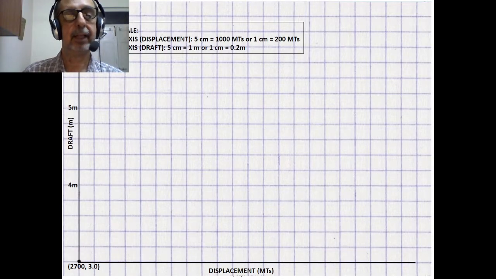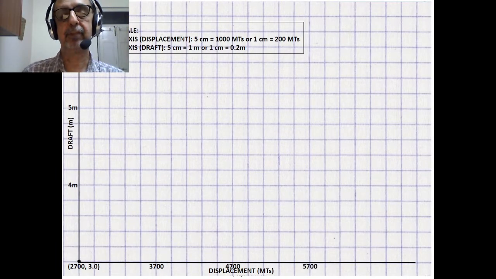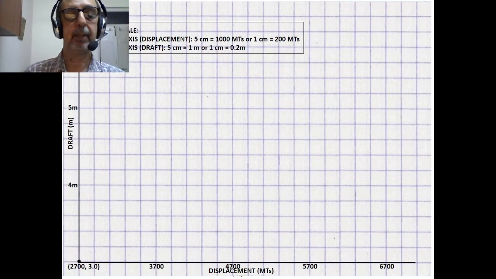Likewise, on the x-axis, we're going to start off with 1000 metric tons every 5 centimeters. Therefore, when we started on the origin at 2700, the next stop will be 3700, 4700, 5700, 6700. The maximum displacement in the table given is 6060 metric tons.